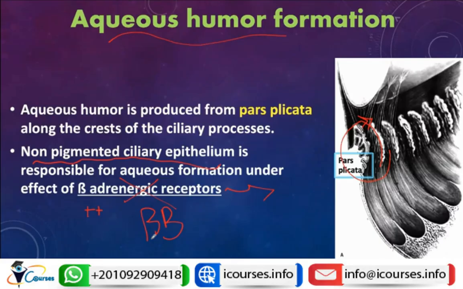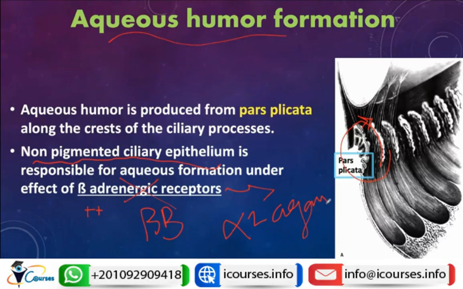It also has another control by the alpha receptors. If the alpha receptors are blocked or antagonized, this will increase the aqueous production. That is why, if we want to decrease aqueous production and intraocular pressure, we give the patient alpha-2 agonists.